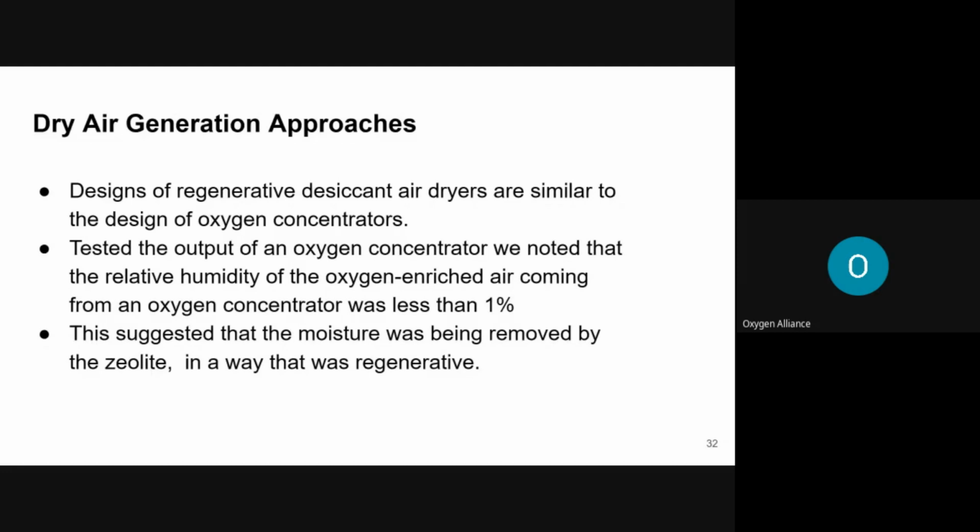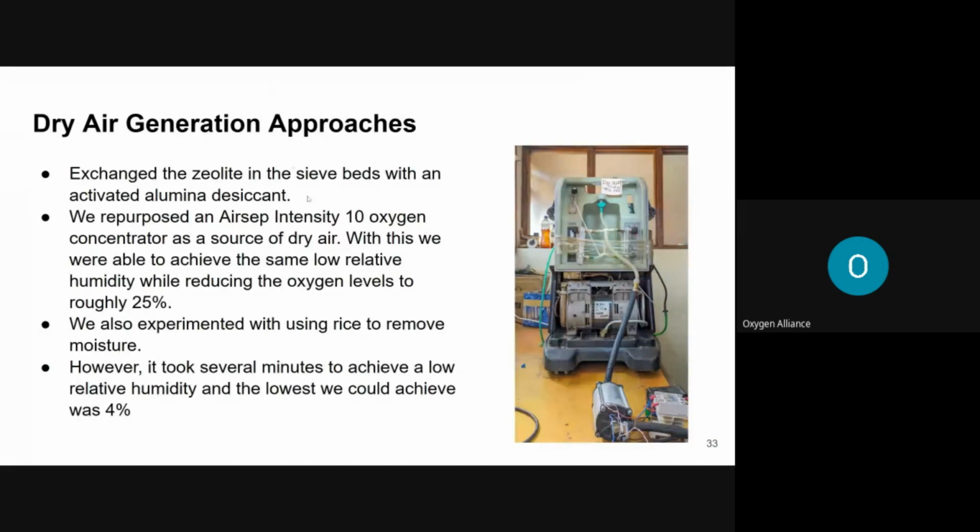So what we did was we had to exchange the zeolite that is in the concentrator with activated alumina desiccant. If you can go to the next slide, you'll see an image of an oxygen concentrator which we had modified, and in the sieve bed canisters, instead of having zeolite, we replaced the zeolite with an activated alumina desiccant.